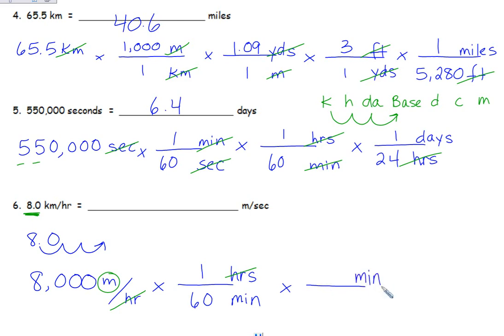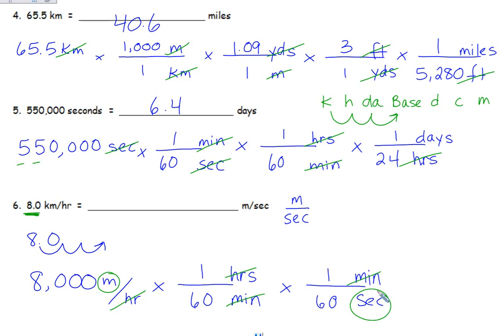I want seconds in the denominator. There are 60 seconds in 1 minute. And then again, I can cancel these minutes. They're on the top and the bottom. So the only units that I have left, meters per second.